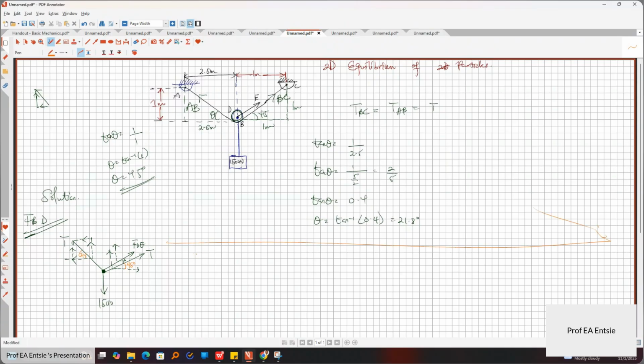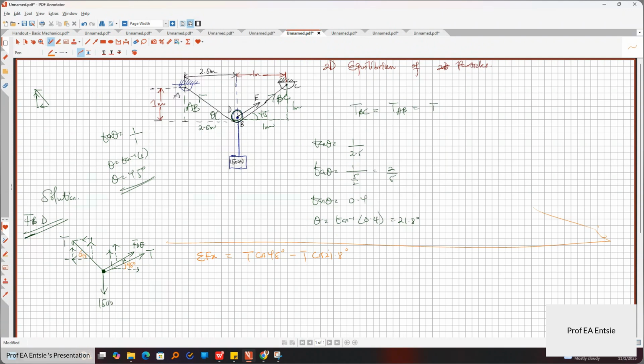So now what I will do is I will do summation of forces in the X, which equals T cos 45 degrees, for this T here. Then this T here is going to the left, so it will be minus T cos 21.8 degrees.